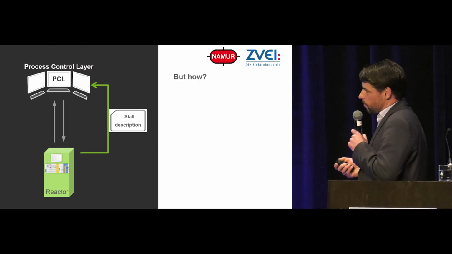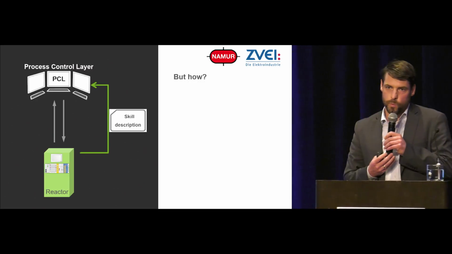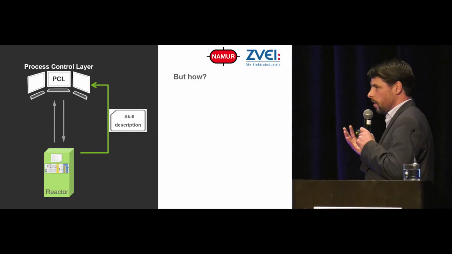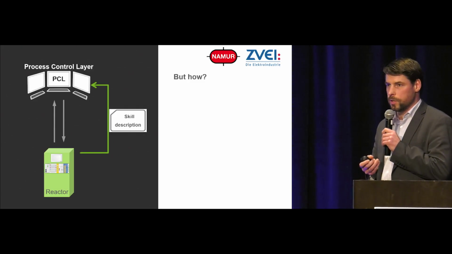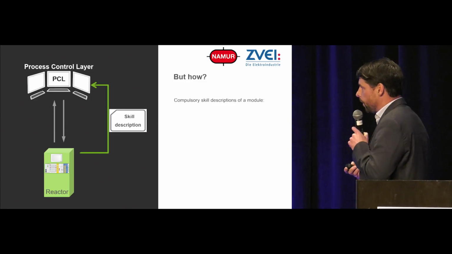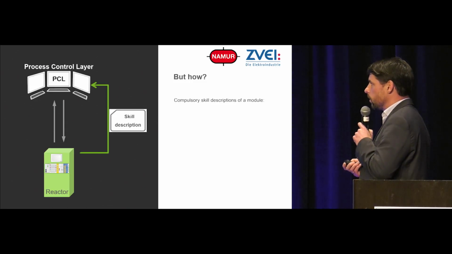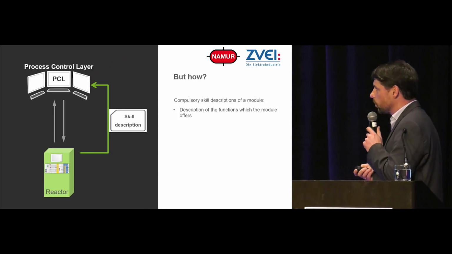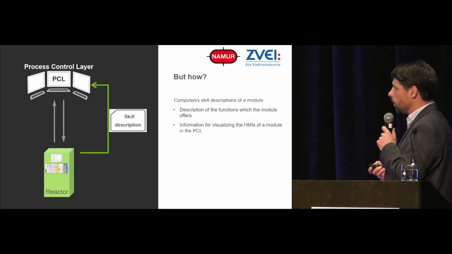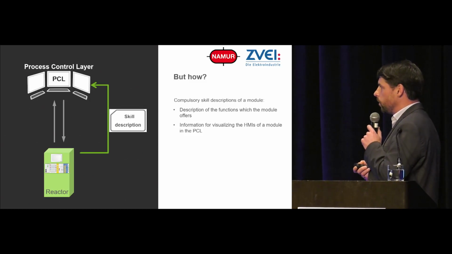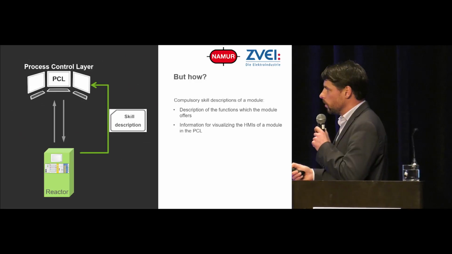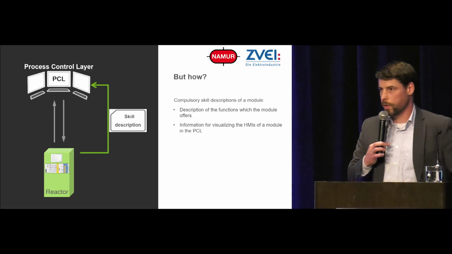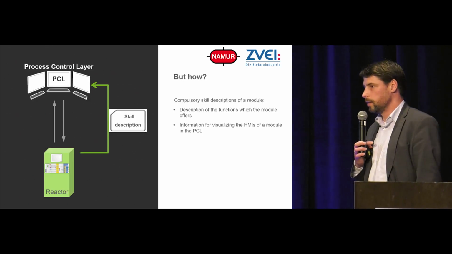For this, we need somehow a skill description. What is this module about? What is actually the service which comes from the module? So this skill description has to contain the description of the function of the module, and the information for visualization, the HMI of a module. Somehow here in the process control layer, there's still an operator working, and this operator needs an HMI.